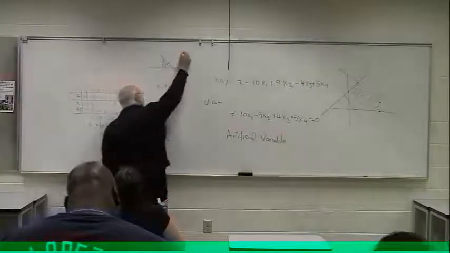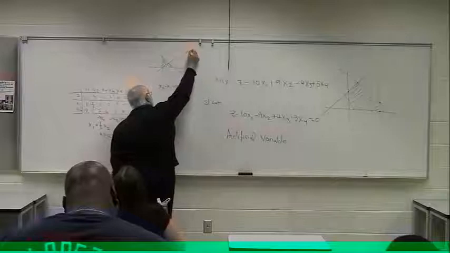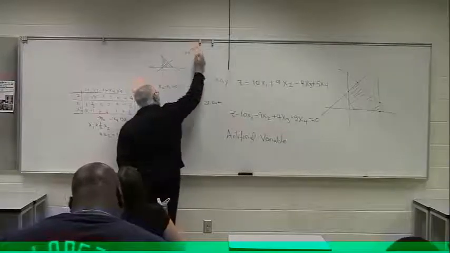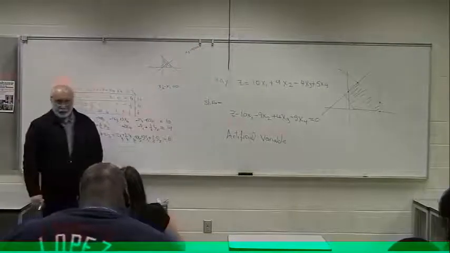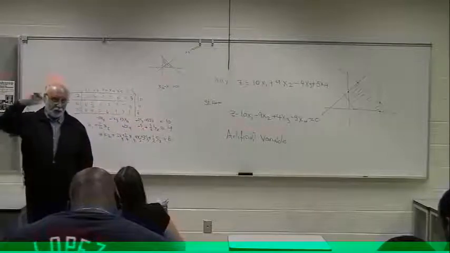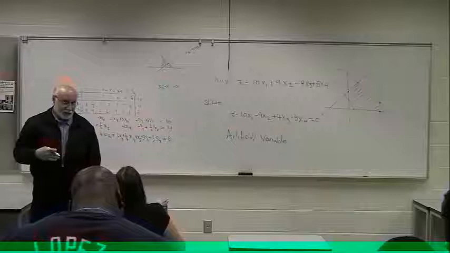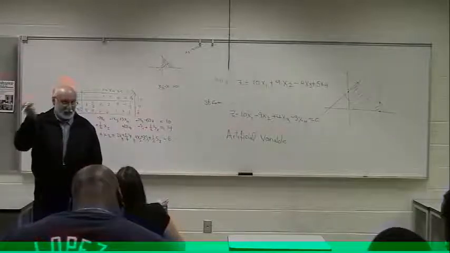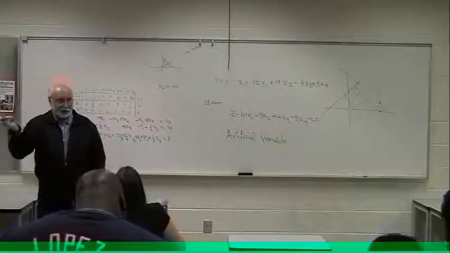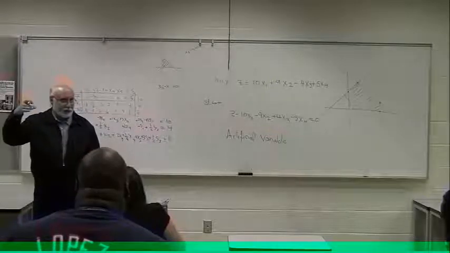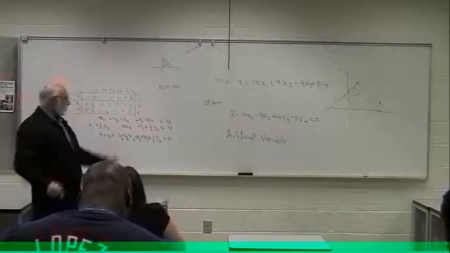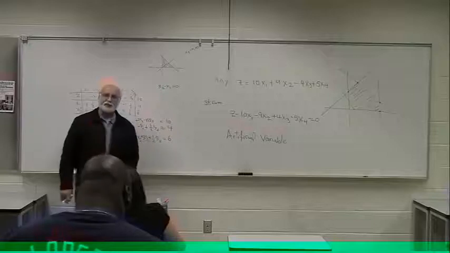This is the line of x2 minus x1 equals 0. So my set of constraints are something less than or equal, something greater than or equal, something greater than or equal, and something which is equal to 0.